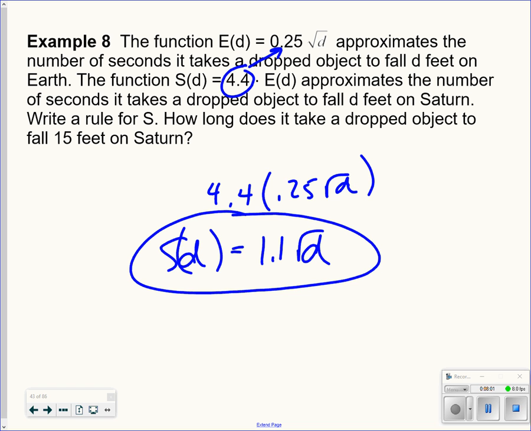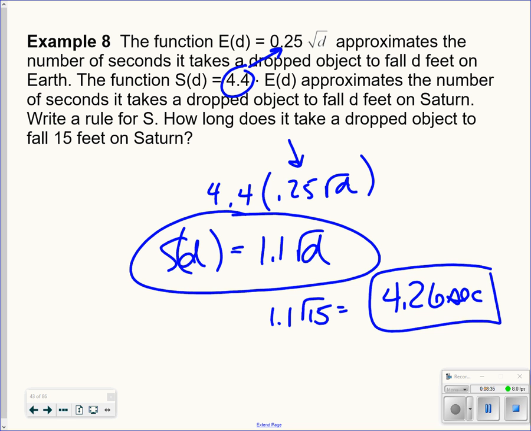So Earth and Saturn. Now, how long does it take for a dropped object to fall 15 feet on Saturn? So if I'm dropping it from 15 feet, how long will it take? So I'm going to pull out my calculator now. I'm going to take 1.1 times the square root of 15 and get 4.26 seconds.